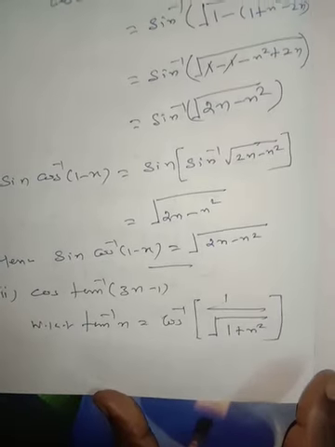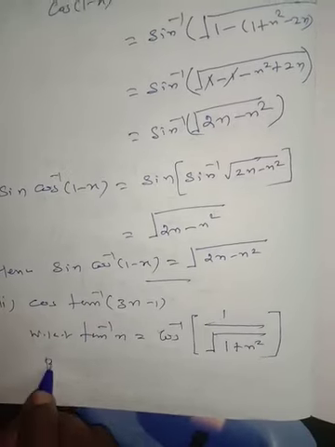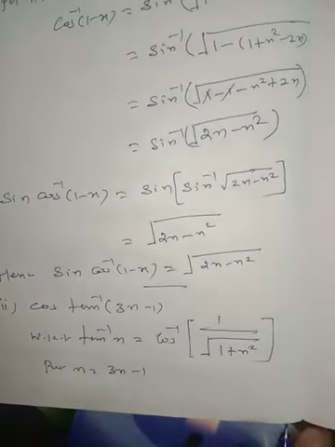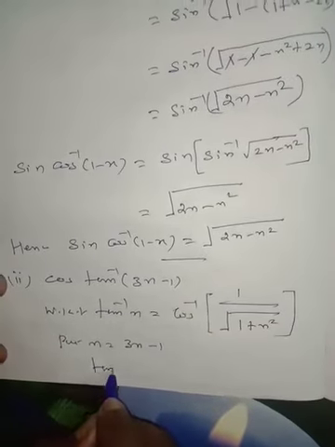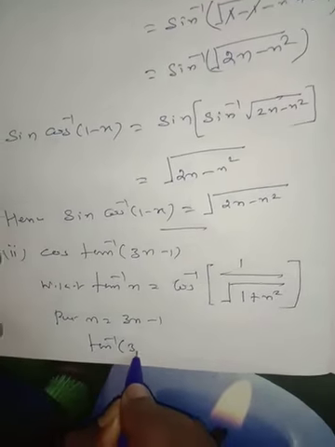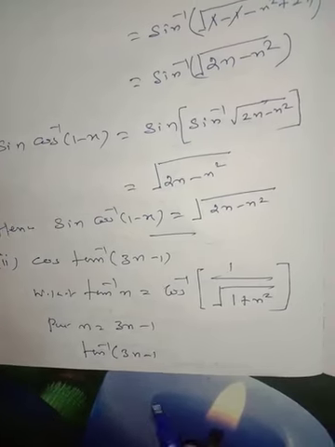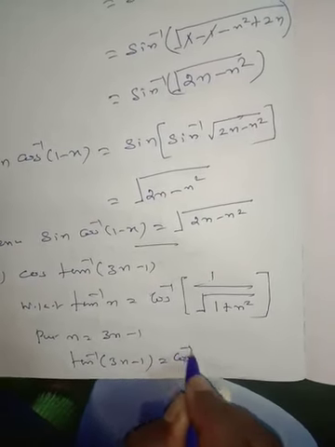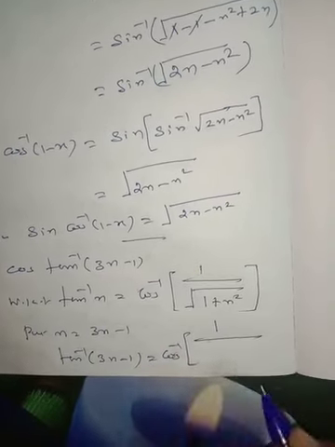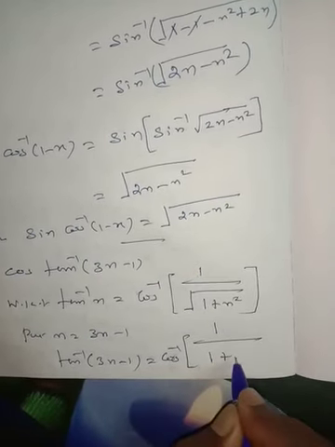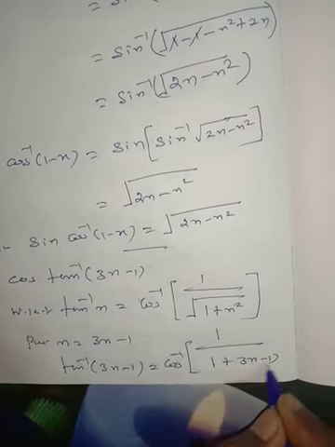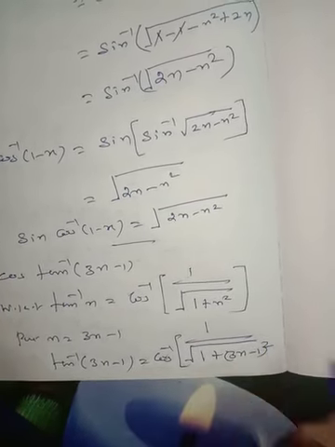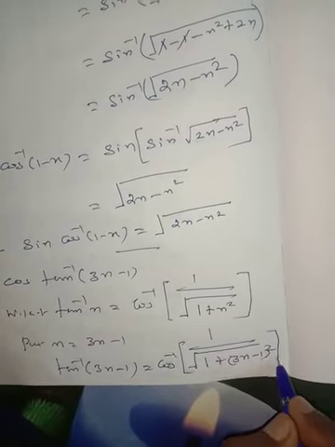Put x is equal to 3x minus 1 in the above. We have tan inverse of 3x minus 1 is equal to cos inverse of 1 by square root of 1 plus 3x minus 1 whole square.